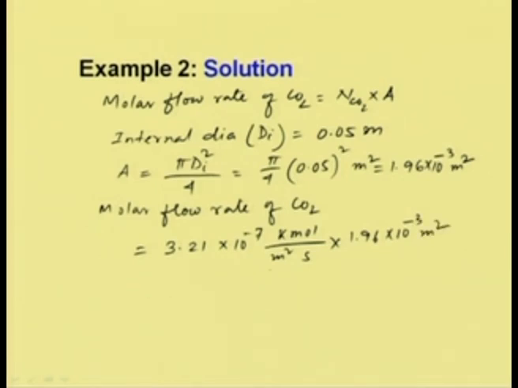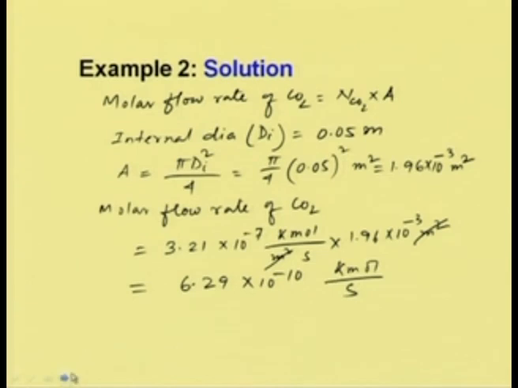If we multiply, the meter square will cancel out, and it will be 6.29 into 10 to the power minus 10 kmol per second.